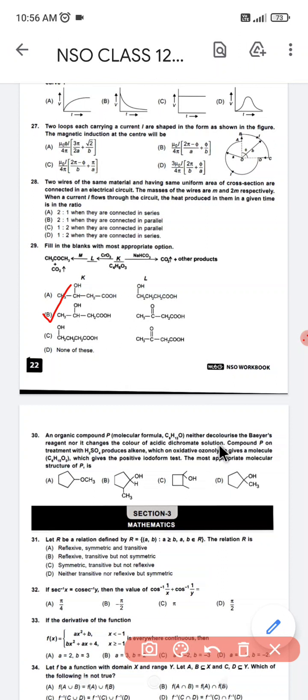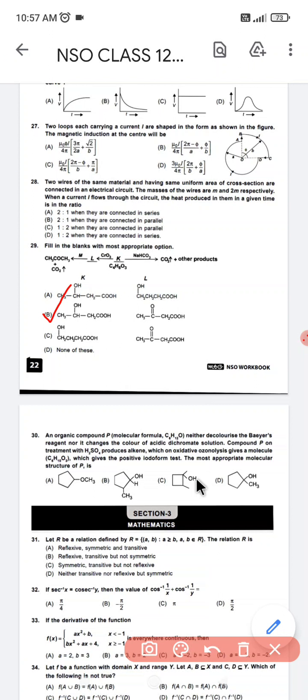Compound P on treatment with sulfuric acid produces an alkane, which on oxidative ozonolysis gives a compound of molecular formula C6H10O3, which gives a positive iodoform test. The most appropriate molecular structure of P is, here we have option A, option B, option C and option D.